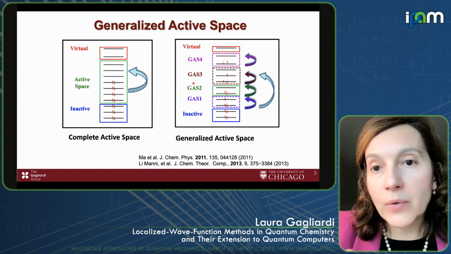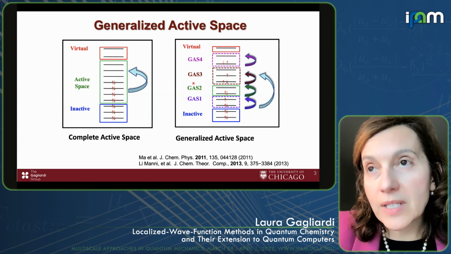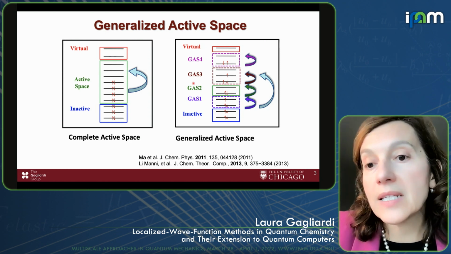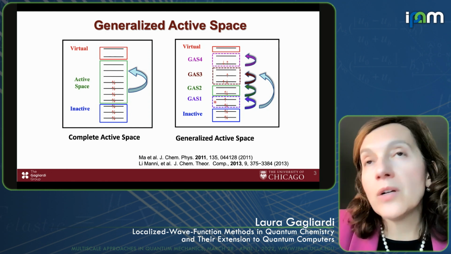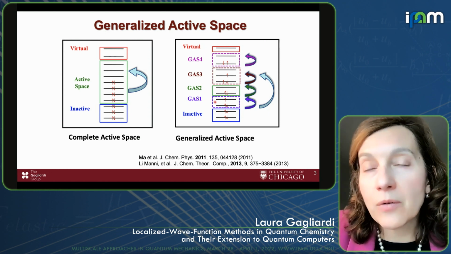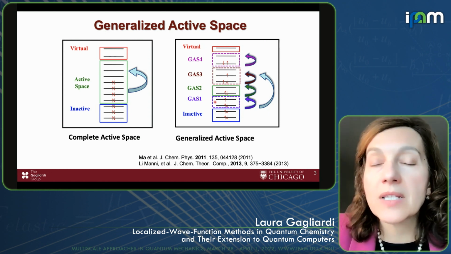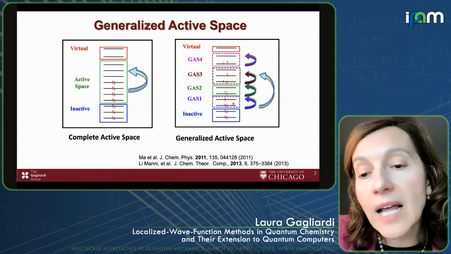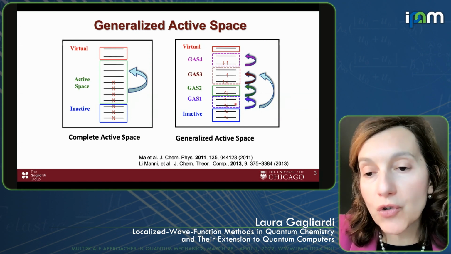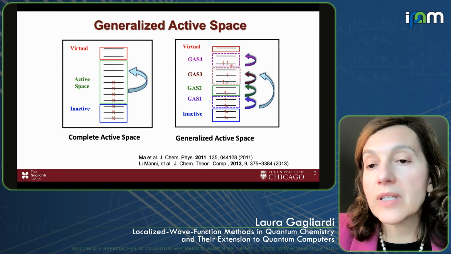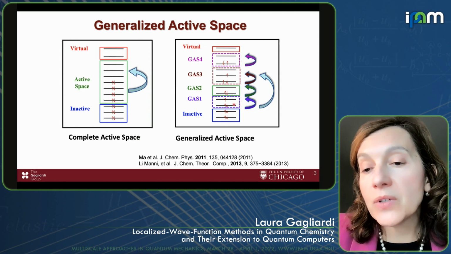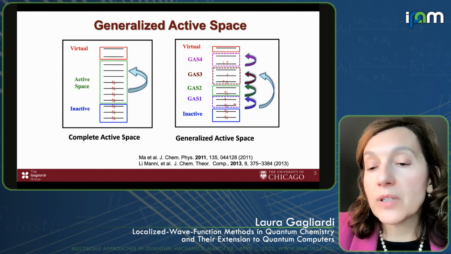So over the years, we have tried to develop methodologies that somehow could break this exponential scaling. For example, we have worked with one of these concepts, and there are many of them, and we are not the only ones developing them, which is the generalized active space approach, in which the user defines many of these boxes of orbitals and electrons, and also defines the rules for the occupation.